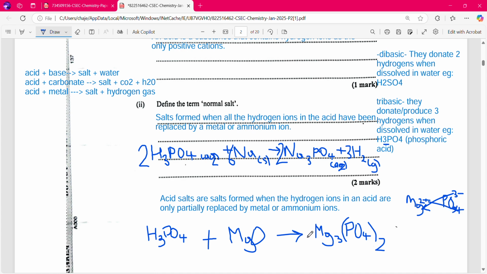Alright, so we get magnesium phosphate plus water, so salt plus water. But remember that we didn't want to form the normal salt, no, we wanted to form the acid salt. So I'm just going to do another equation here. How would we form the acid salt?